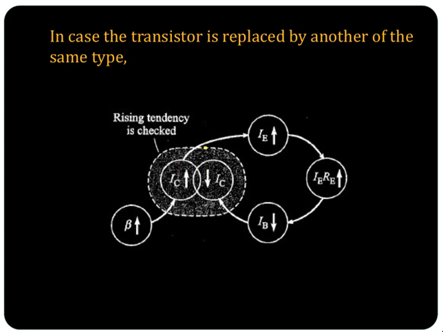Then also you can see if beta is increasing, IC will increase, and this increase in IC will cause an increase in IE. You can see that here the same increase in IERE drop will cause a decrease in IB or base current, and ultimately this will cause a decrease in the collector current, and that rising tendency of collector current is again checked here.